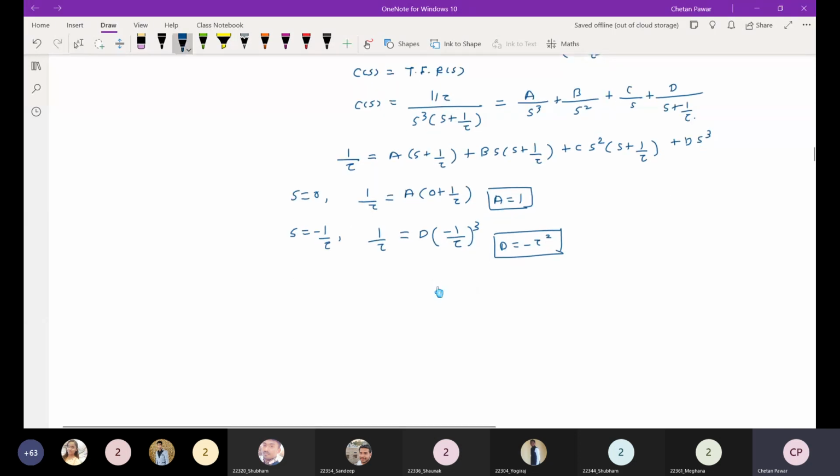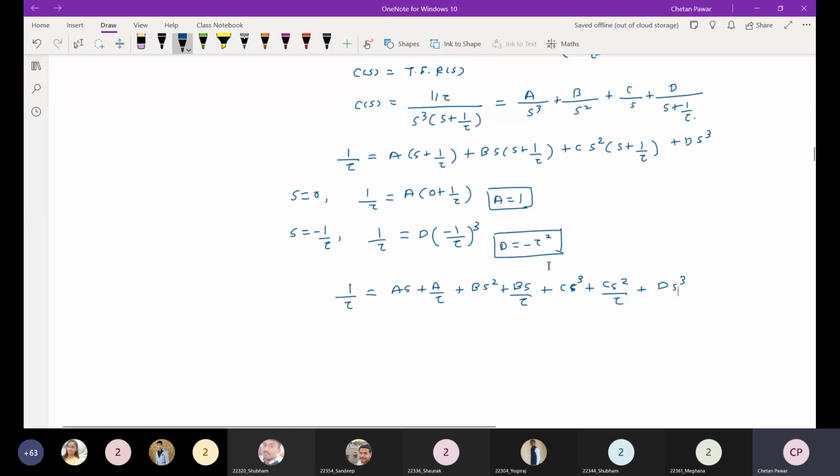So now just simplify this particular expression and find out other terms. So that will be As plus A upon tau plus Bs square plus Bs by tau, plus Cs cube plus C square by tau, plus Ds cube.